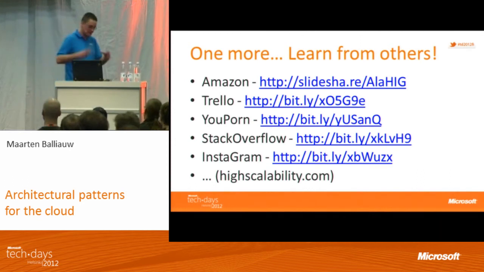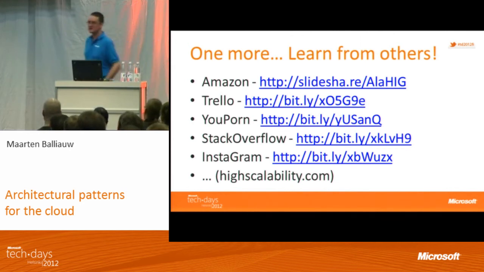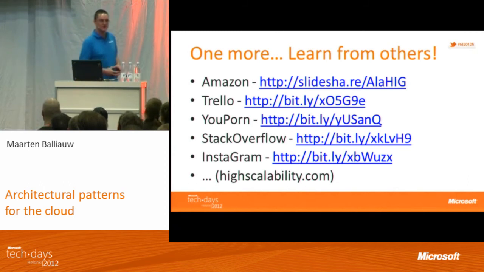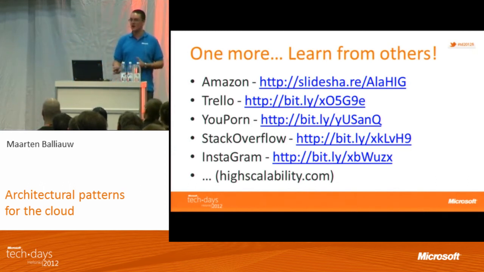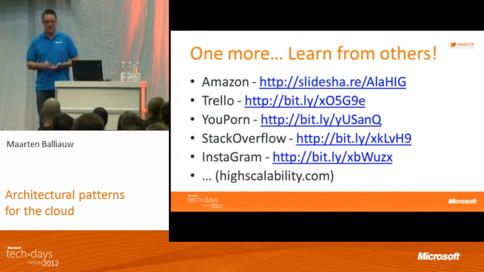Stackoverflow.com, not the entire Stack Exchange network, but just stackoverflow.com, runs on 6 servers. Why? Because they have a very interesting architecture regarding caching and database setup. Instagram too, and there's a lot more of these stories on highscalability.com, so very interesting reads to check how you can build your application and make sure you're ready for both failure and for scale.